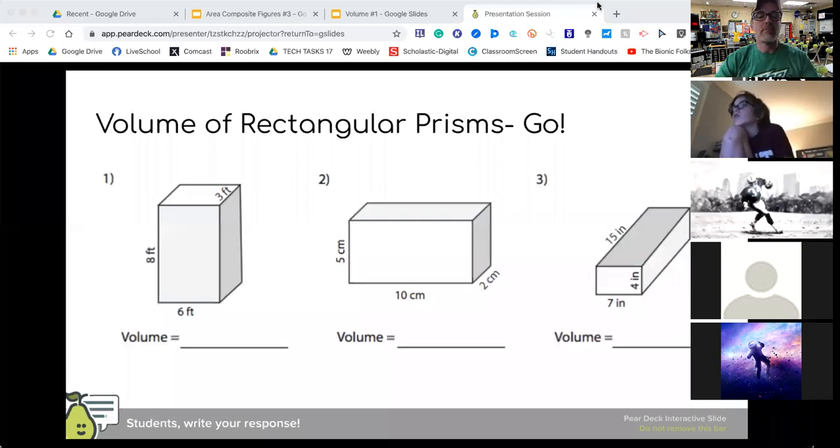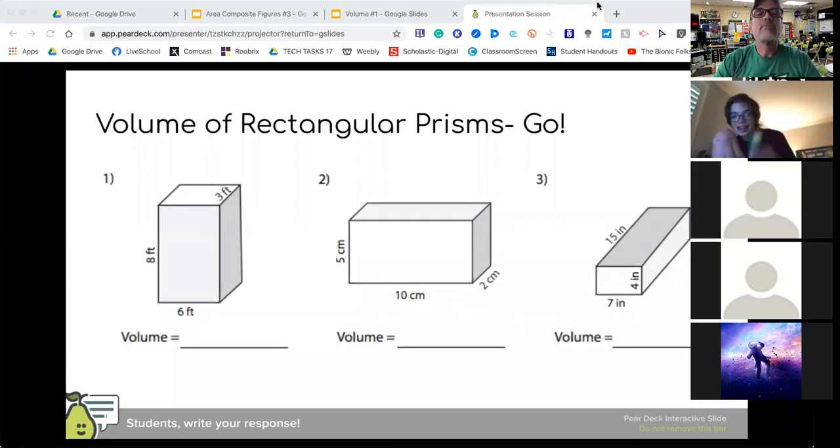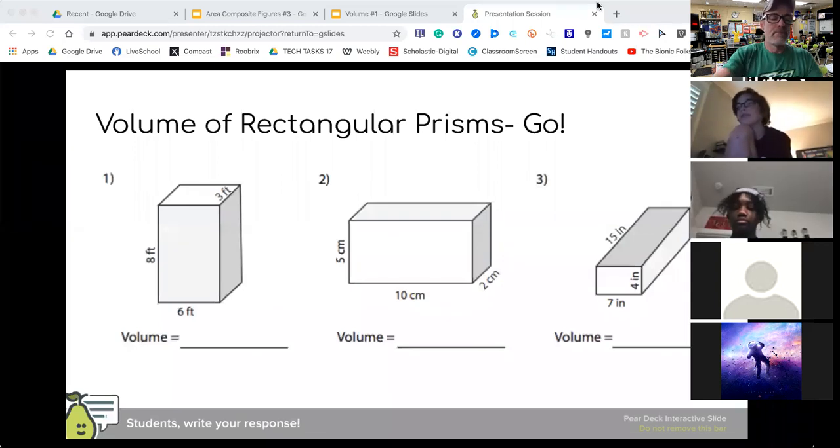Can't see it. Becky. Mr. P, the connection is really glitching badly. Which part, the Pear Deck or the Zoom? The Zoom.